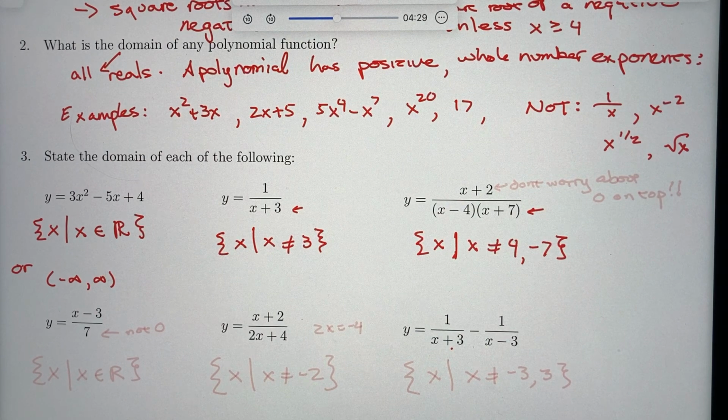Notice that the x plus 2, don't worry about this, because 0 on top is not a problem. Okay. This one, again, 0 on top is no problem, and 7 can't be 0, so this one has a domain of all reals.